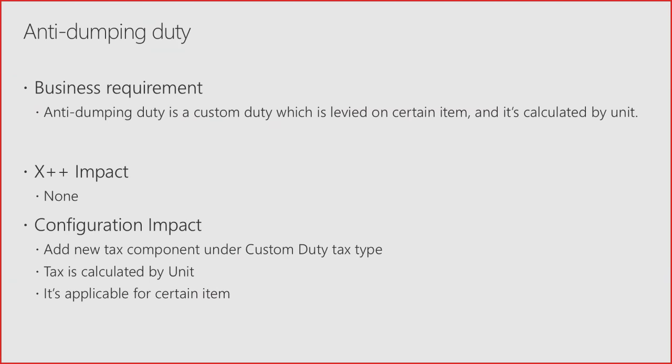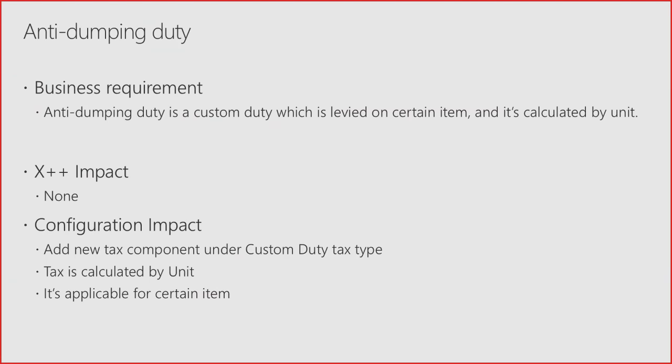Basically, we just need to add a new task component to the standard GST configuration. We don't need to change any UI in Finance and Operations, so there's no X++ change. From a configuration perspective, we need to add a new task component for this anti-dumping duty. Since it's a customs duty, we should add it under the customs duty tax type.